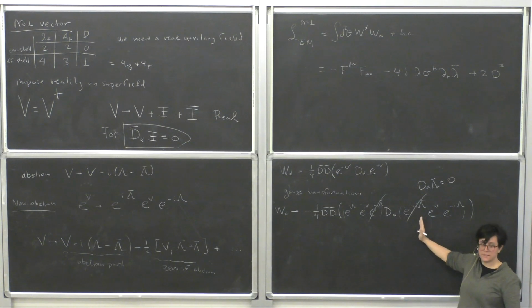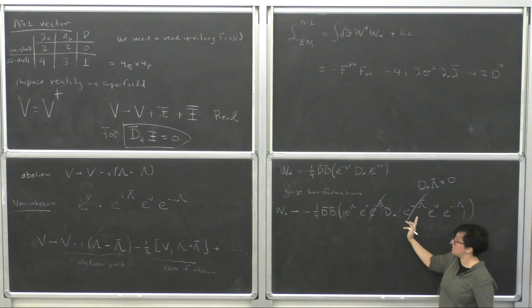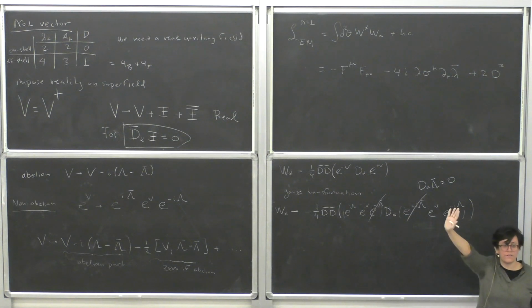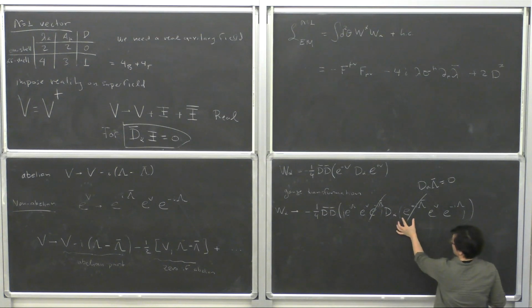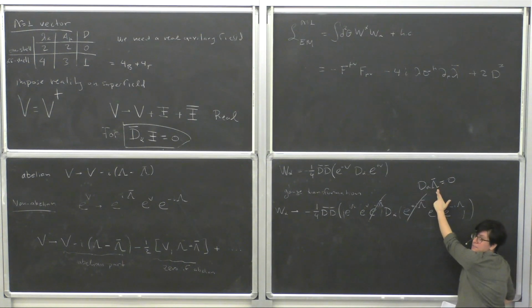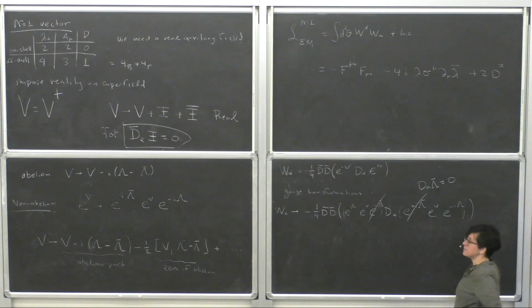D passes it, and then this cancels with this. Is this clear to everyone? Is there anyone that wants to complain? I can pass the D alpha directly on, because of this identity, and get zero. So this was my first step.